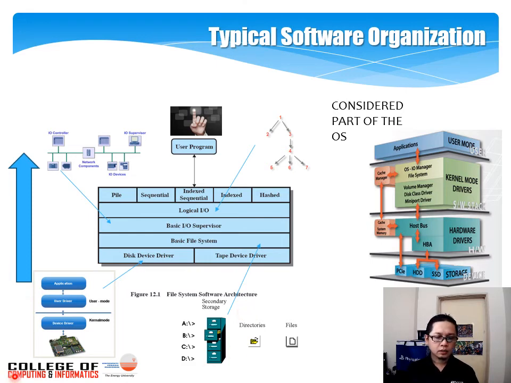This structure must be managed by the operating system to ensure that whenever a process is using a file or saving into a file, it can easily be recovered later on when the user needs it. That's why this typical software organization for a file is part of the operating system.